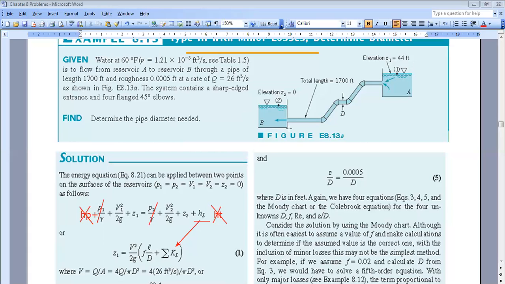Since you have incompressible flow, the flow rate is constant, and since the cross-sectional area A is the same everywhere, you don't need the velocities in between. Since you are applying between 1 and 2, you just need the velocity at this level, and at this level the velocity is nearly zero. Why? Because we have a very large reservoir. So the velocity at 1 and 2 is zero, and it will be cancelled from the formulation.